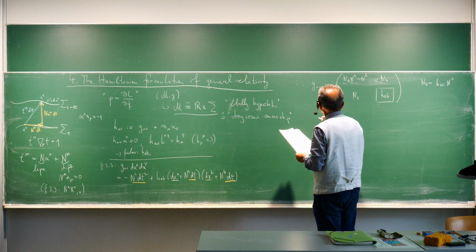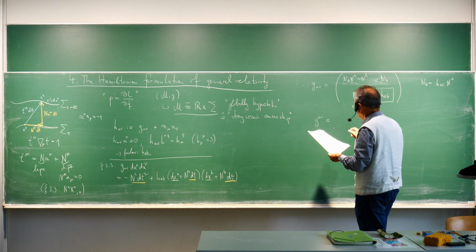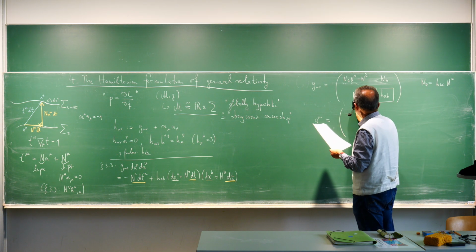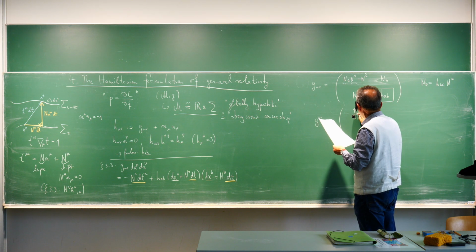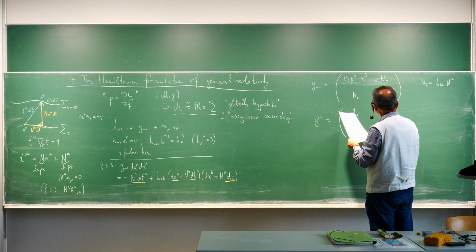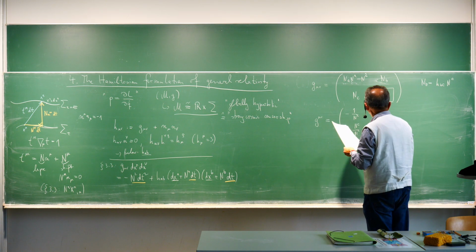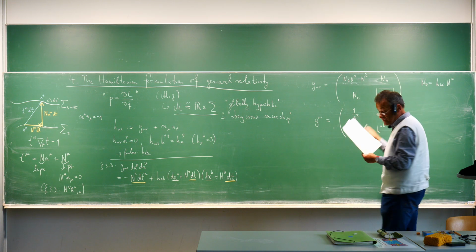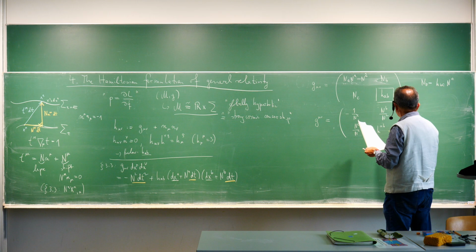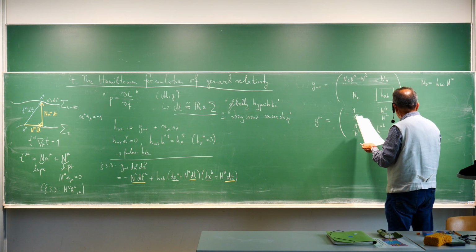Now the inverse is of course also important for calculation, and you can check by just multiplying the two that the following is the inverse. You have minus 1 over N squared. You have here N^b over N squared, N^c over N squared, and here you have the inverse of the 3-metric, but in addition some term which includes the shift, minus N^a N^b over N squared.